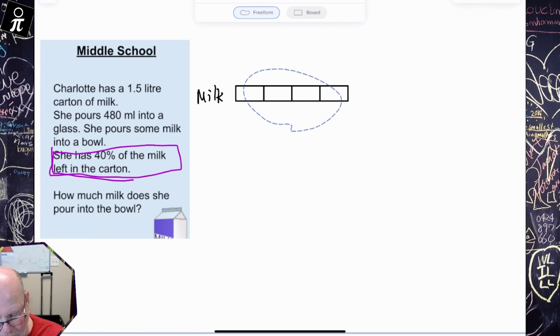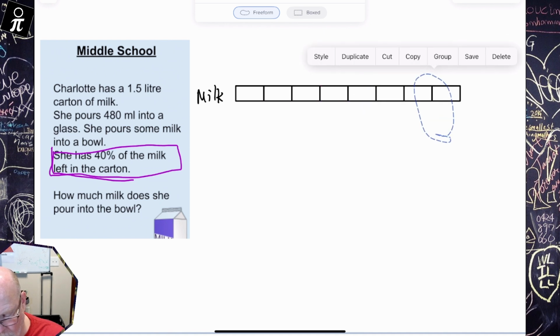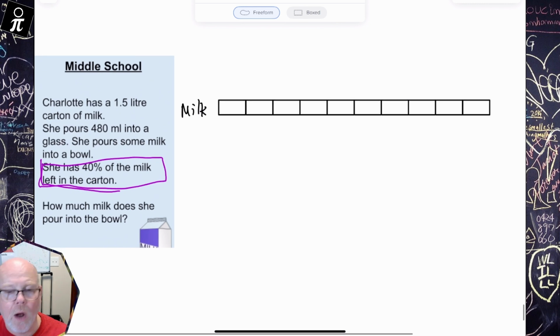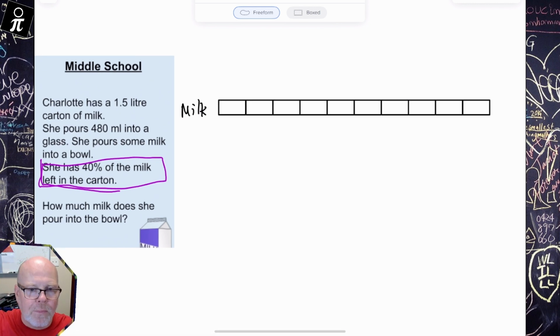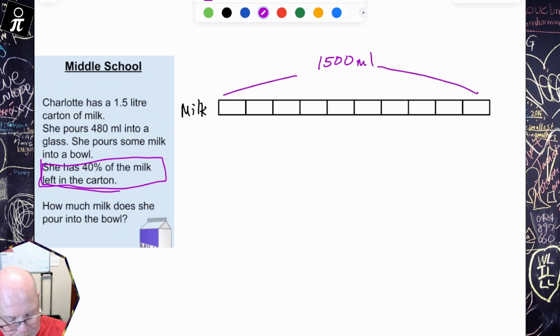So duplicate, duplicate, duplicate, and then I just need 2 more, duplicate, and we are golden. Right there, that represents the entire 1,500 milliliters because it's 1.5 liters.